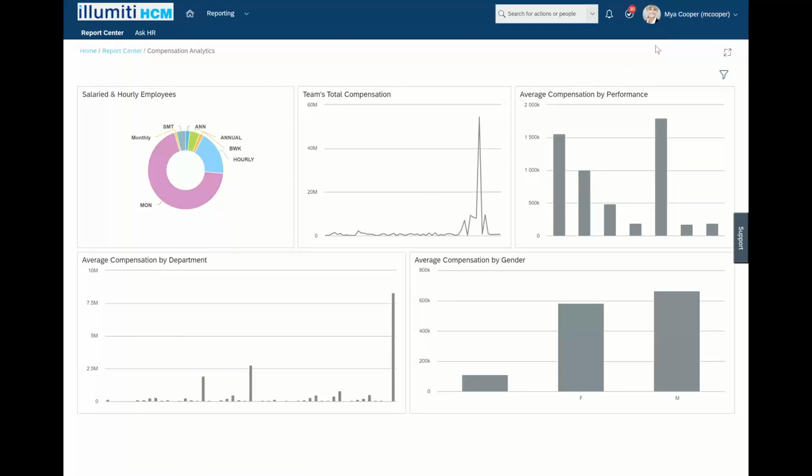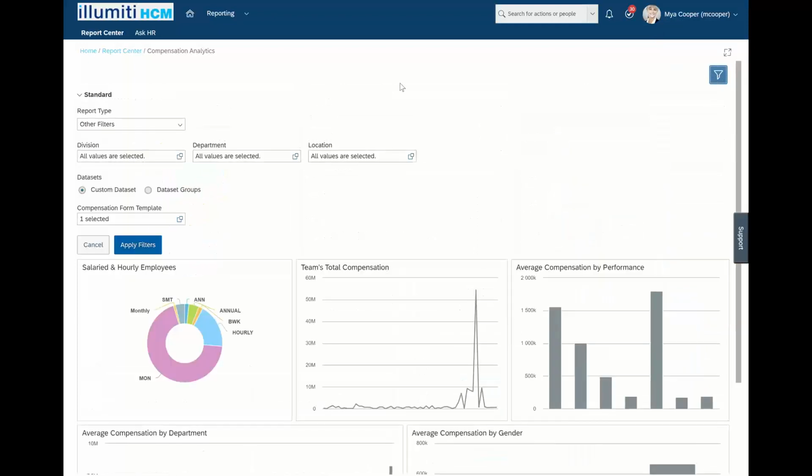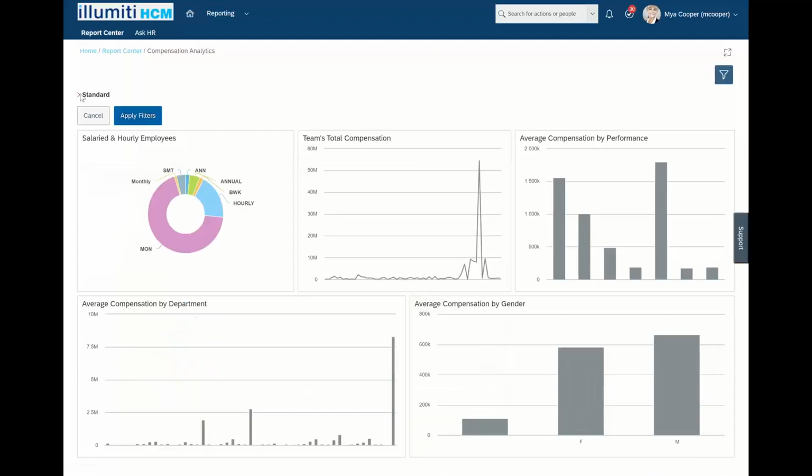Because Maya is an upper level manager, she has this filter button where again, she can come in and restrict these values based on common data fields such as division, department, and location. So nice, clean, easy way for managers and compensation specialists to get data out of the system.